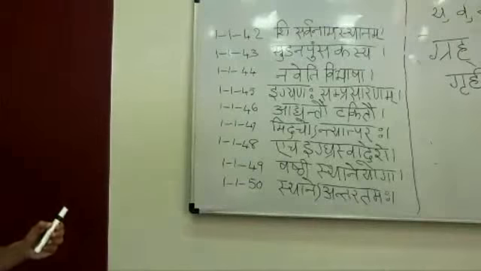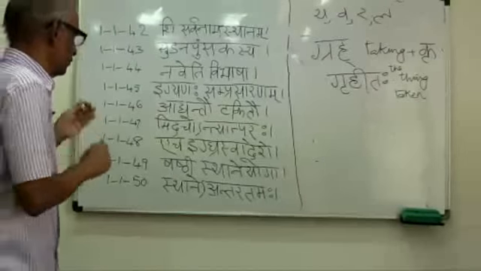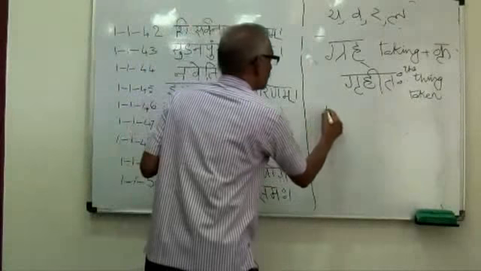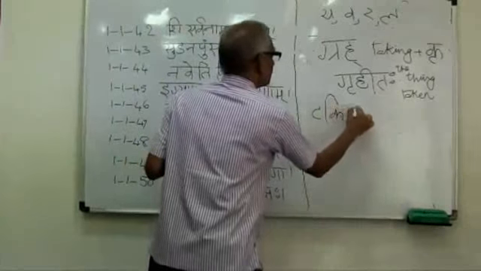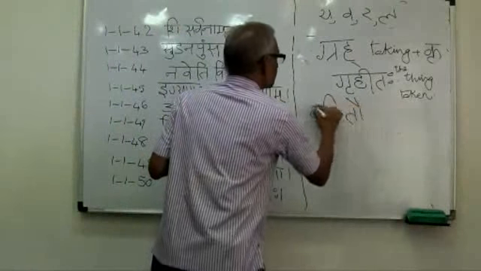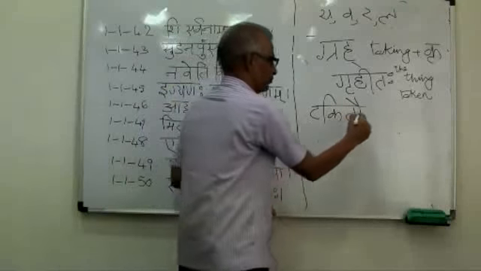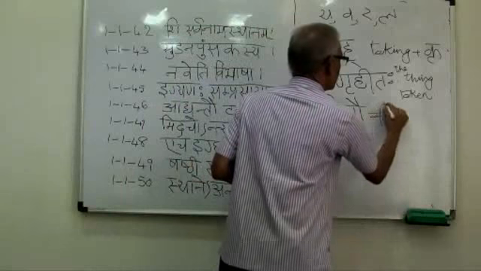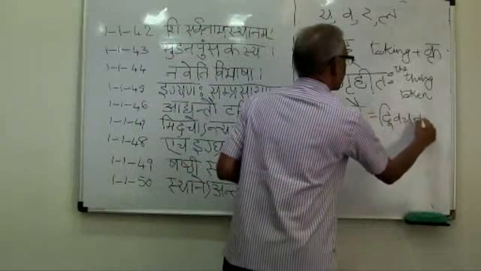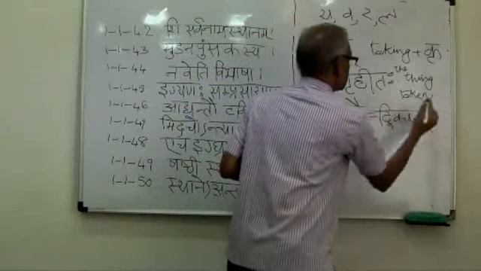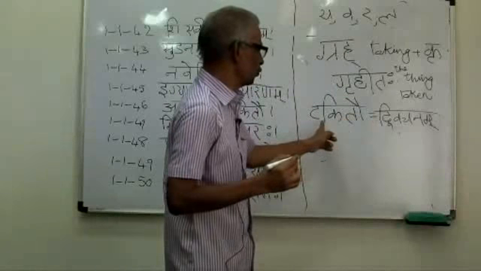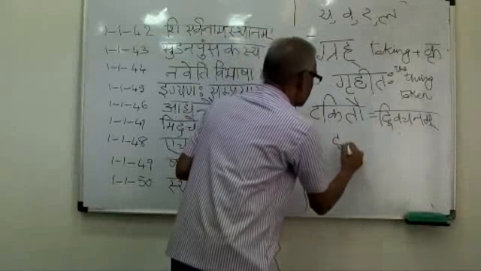We will divide the sutra. Adyantau takitau. First I will take up this word takitau. As you will understand, the au is dvivachanam, dual number. This dual number is imposed on two letters, that is t and k.